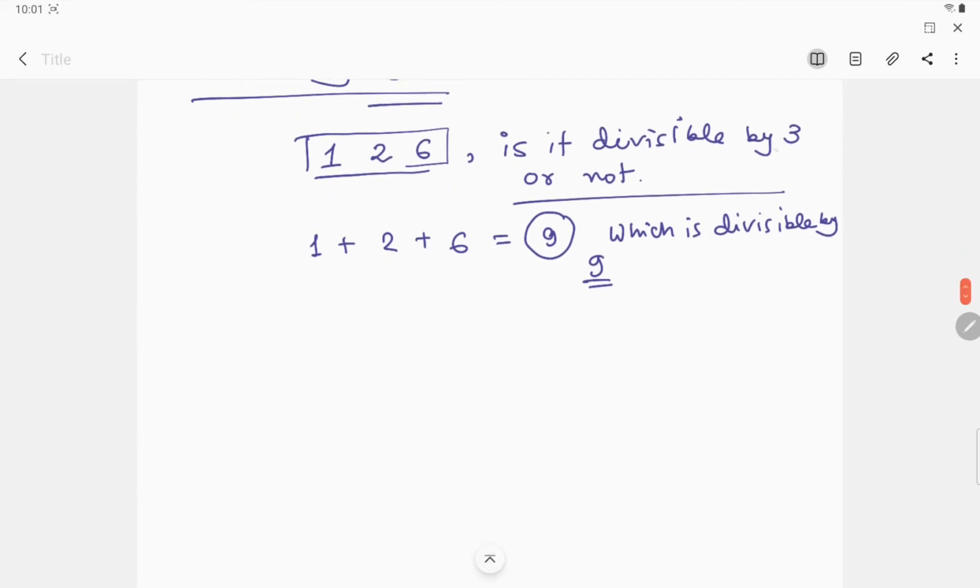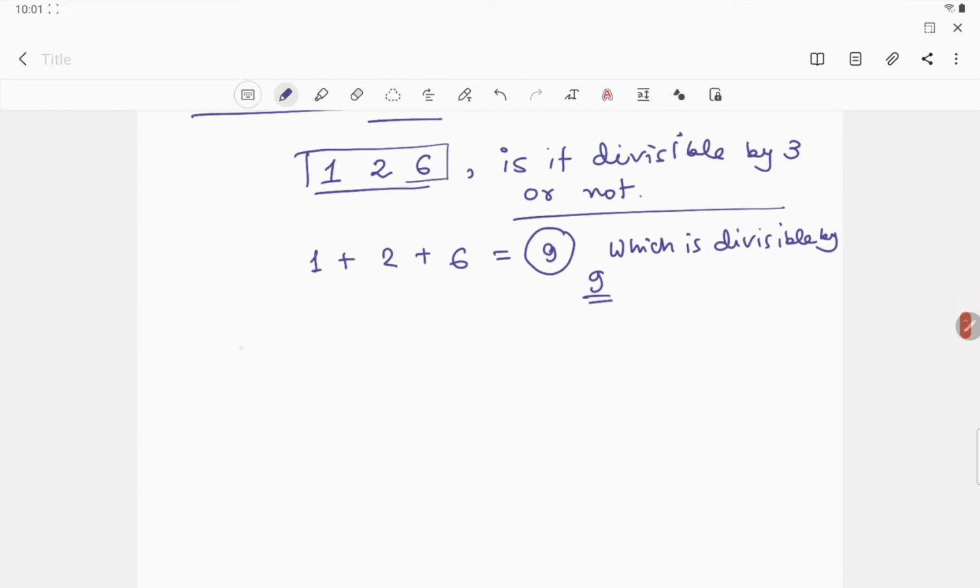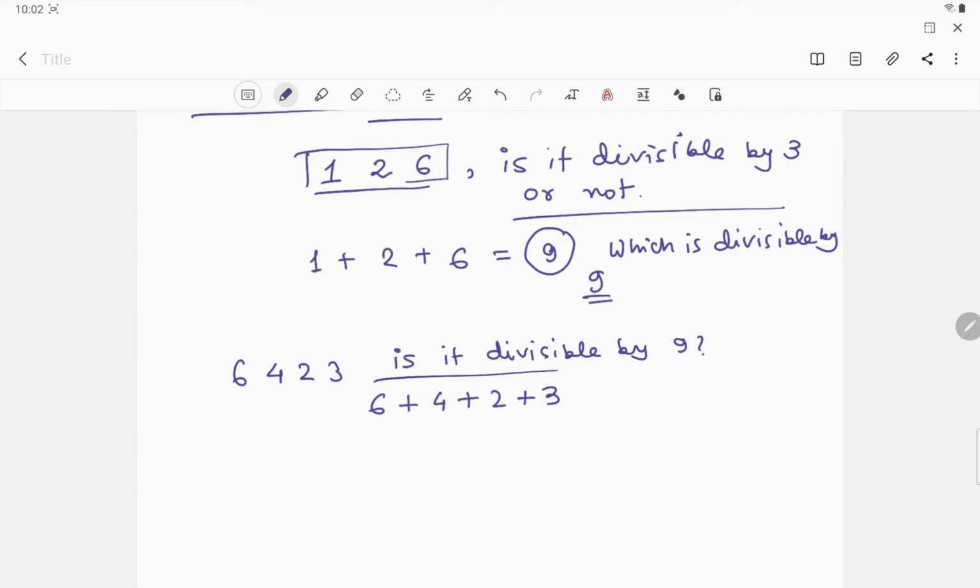If I take another example, such as 6423. Is it divisible by 9? So simply add the digits. 6 plus 4 is 10, 10 plus 2 is 12, 12 plus 3 is 15.